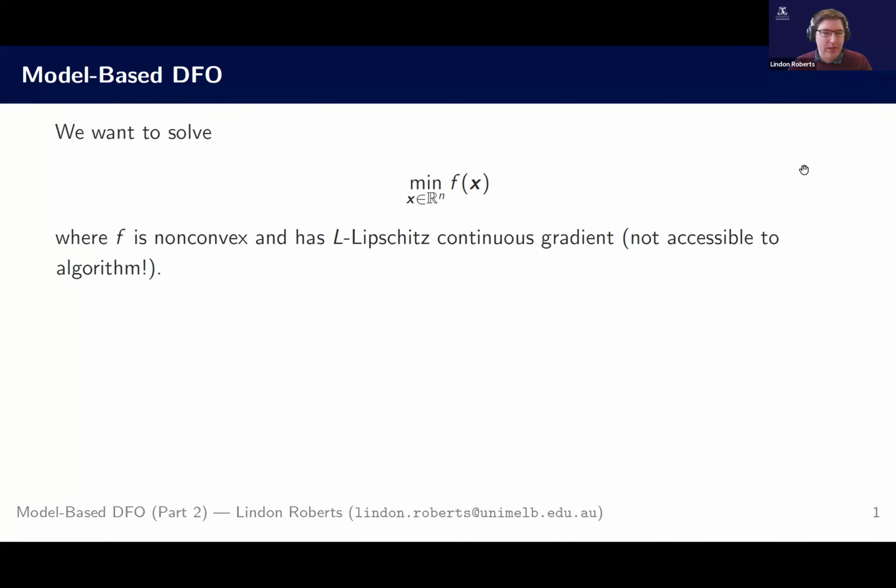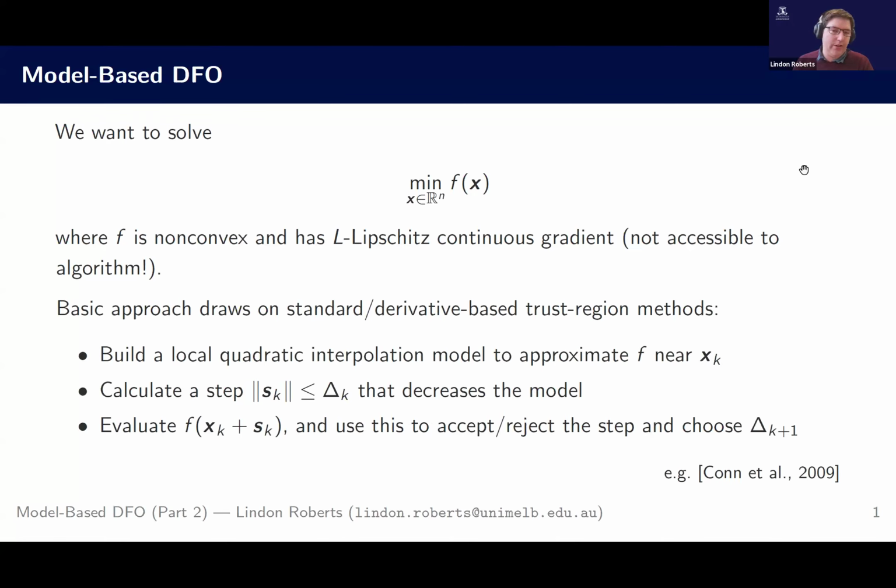And yesterday we looked at the basic idea of mimicking derivative-based trust region methods, which are quite practically successful, and they fit naturally with how we look at approximating our functions.